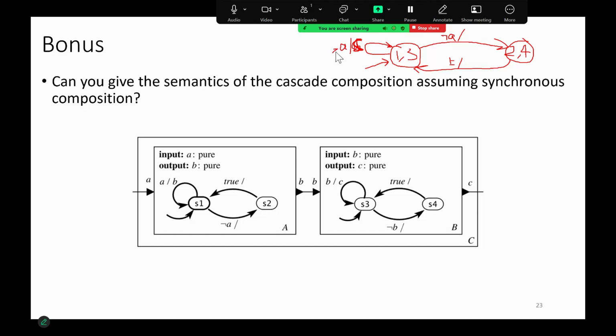No, sorry, this is A. You agree to this? So we need cascade and synchronous. And they happen at the same time, the cascade. What do you think?